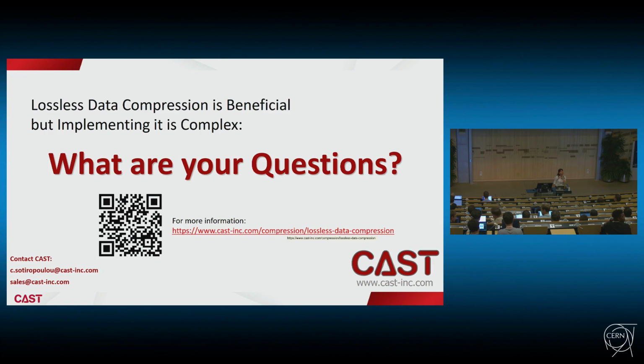Let's say you have two FPGAs, one optical link, and a lossless compression scheme. My question is, can you tolerate bit errors, or do you have to reinitialize the links and the FIFOs related to the compression? That depends on the algorithm. There are, of course, error flags.